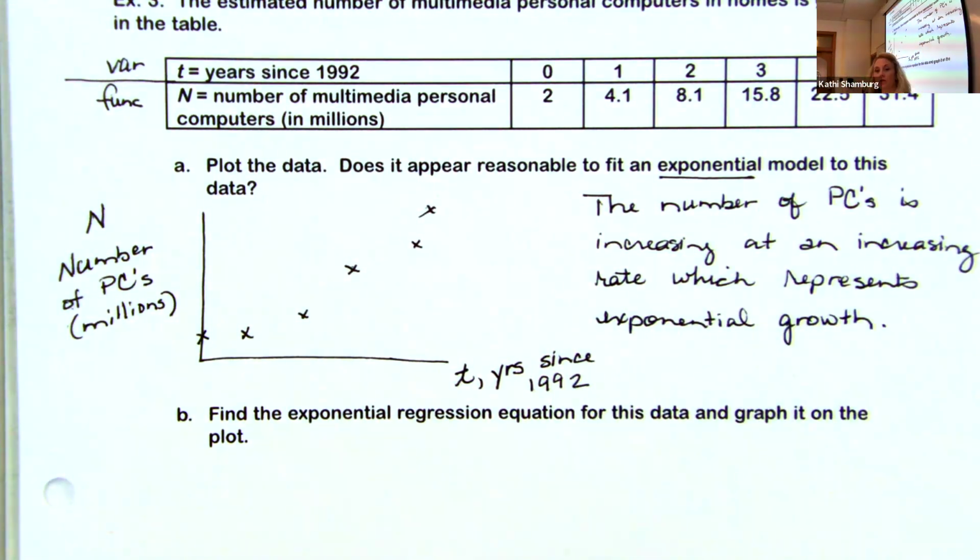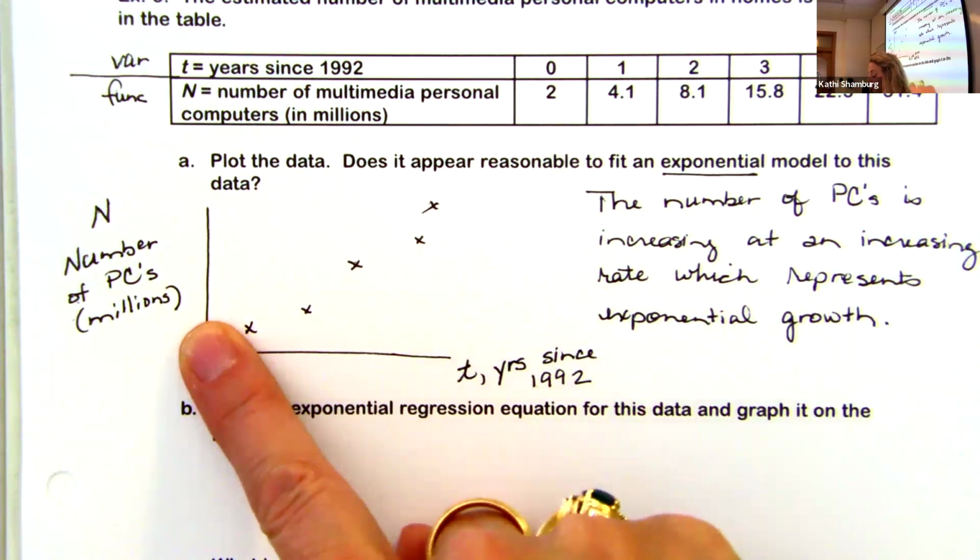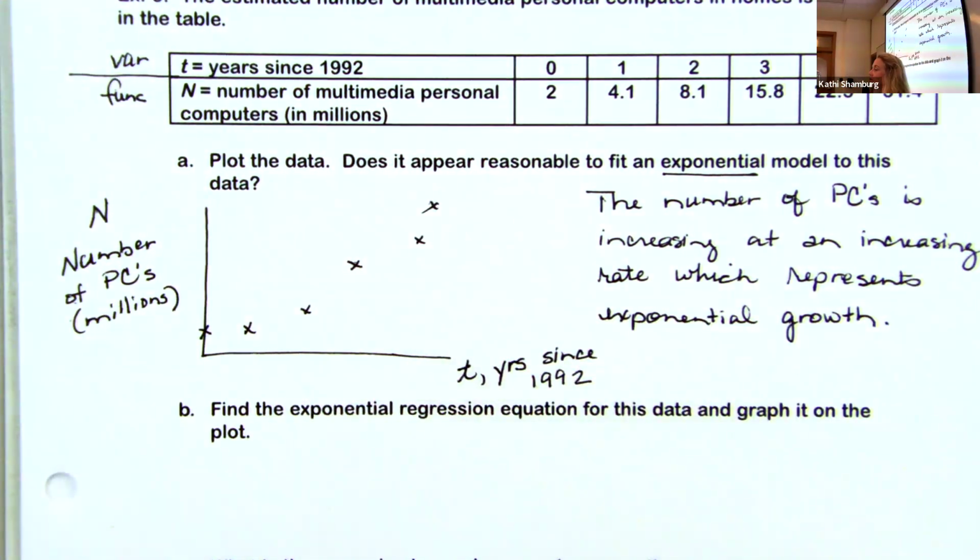So that's how we know that it is an exponential model. When we first learned increasing at an increasing rate, they have these same types of graphs. We just hadn't had the discussion about exponential equations yet.